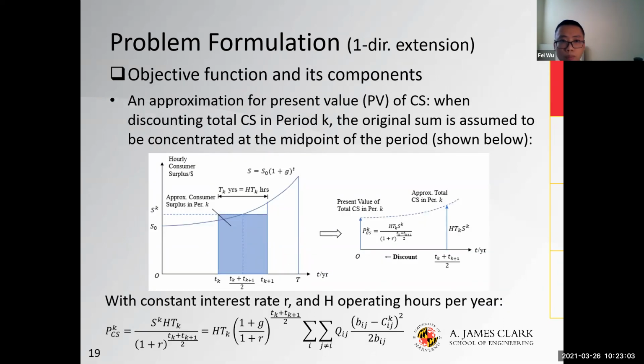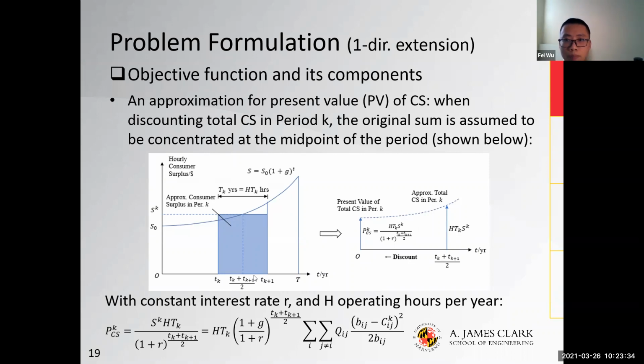As for computing different components in the net present value for this extension plan, we are using the approximation method. For each phase, there is a duration from t_k to t_{k+1}, as shown in the left figure.